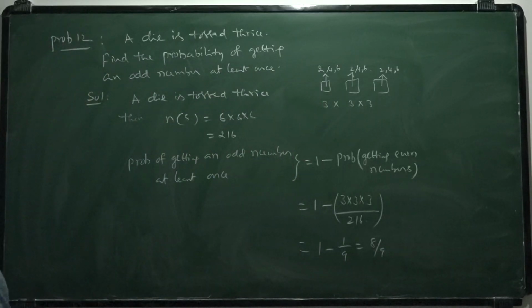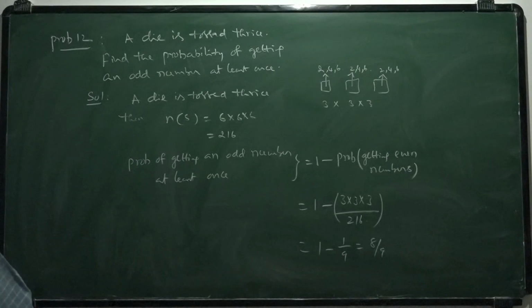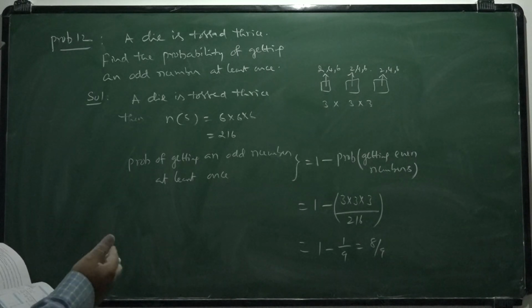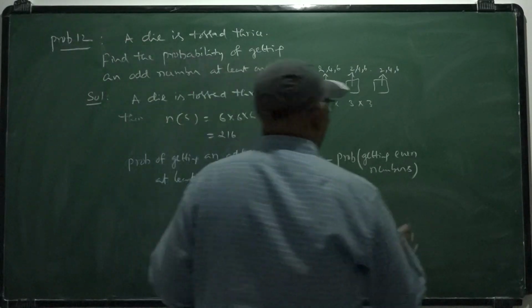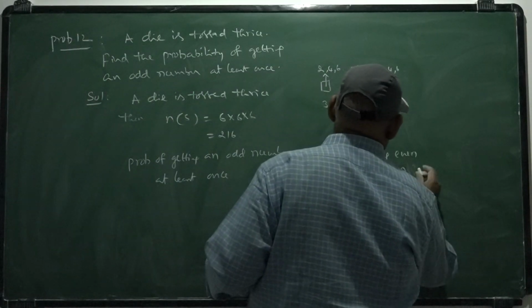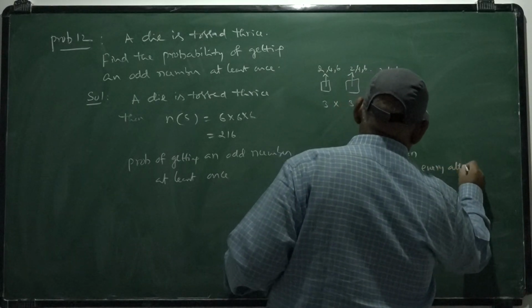The probability of getting an odd number at least once is 1 minus the probability of not getting odd numbers. Not getting odd numbers means getting an even number in every attempt.